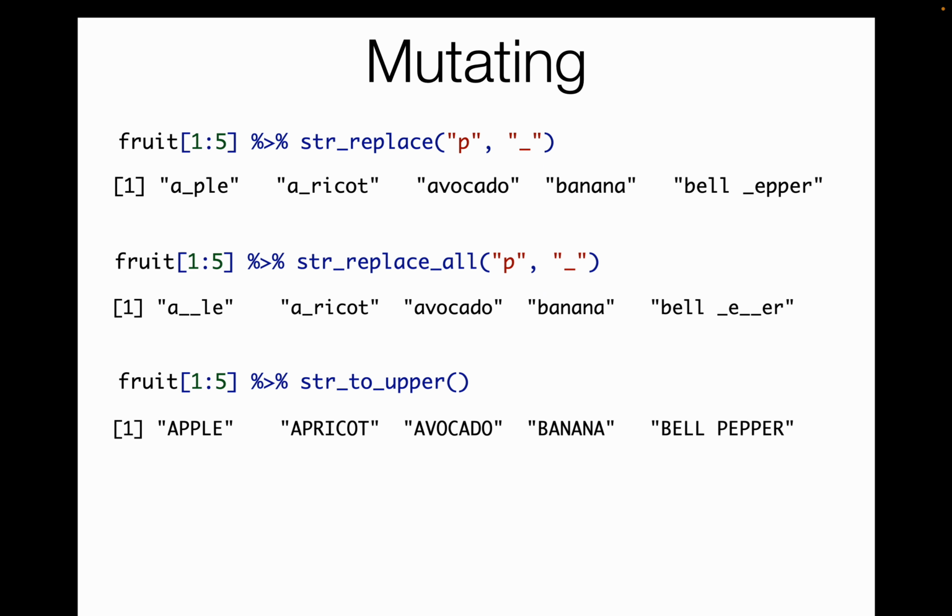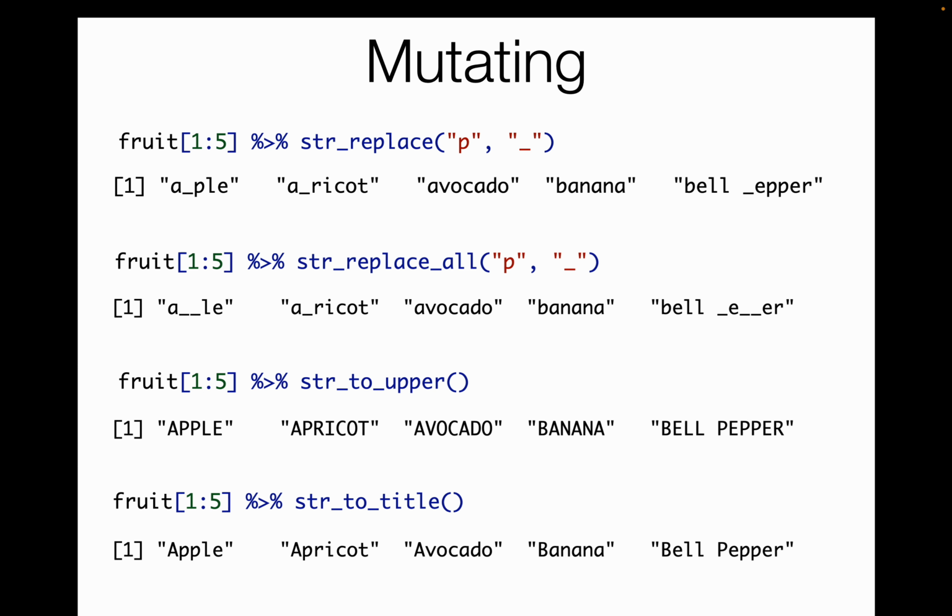Okay. There's also str to upper and str to title and also str to lower. Those str to upper, to title, to lower are helpful if you want to tidy up the names of your data set. So sometimes when you get a data set, the names are ugly. There's like spaces in them. They're all uppercase.